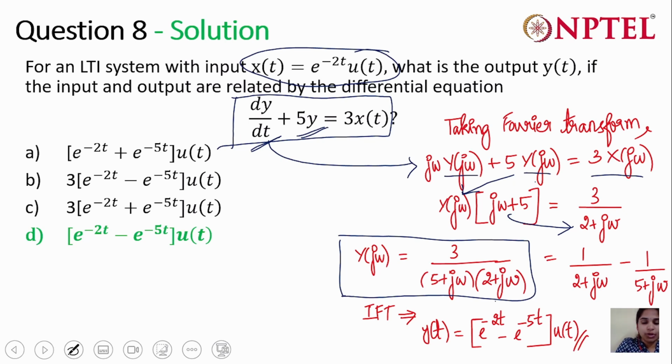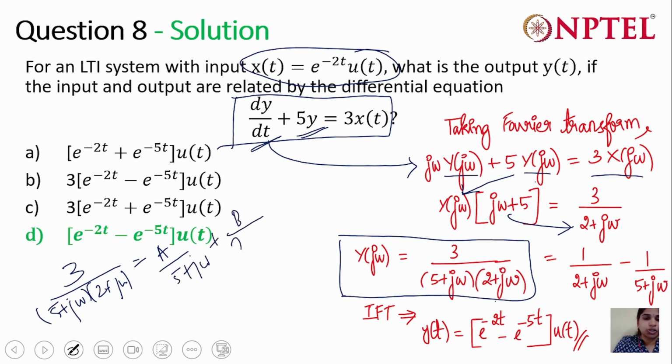Now, there is a very simple way to do it. As I told you, this product 5 plus j omega into 2 plus j omega can be written as a by 5 plus j omega plus b by 2 plus j omega. Right? This product we should be able to write like a sum of two fractions.